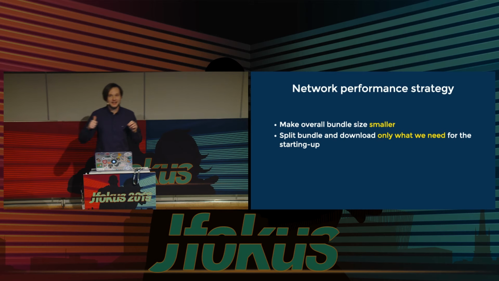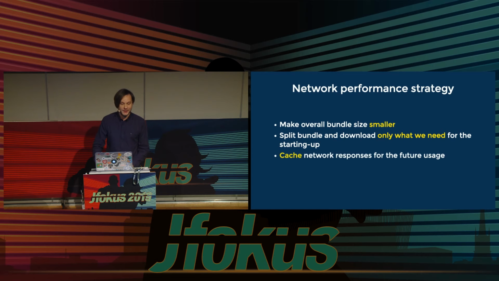But we as developers really want a perfect first load experience, so for the very first load, let's load exactly what we need. That's also a kind of strategy. And of course, the best network request is a request which never happens, right? So if we got something, let's cache it and reuse it.